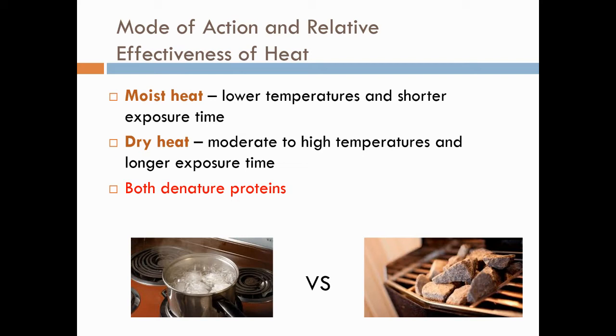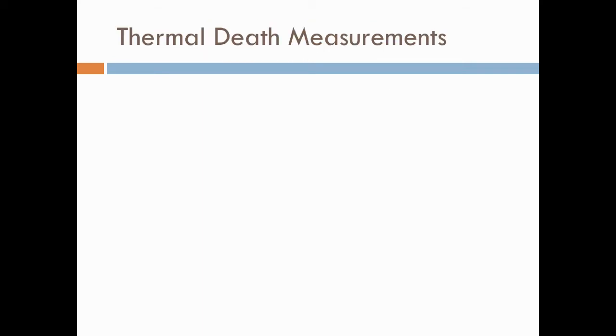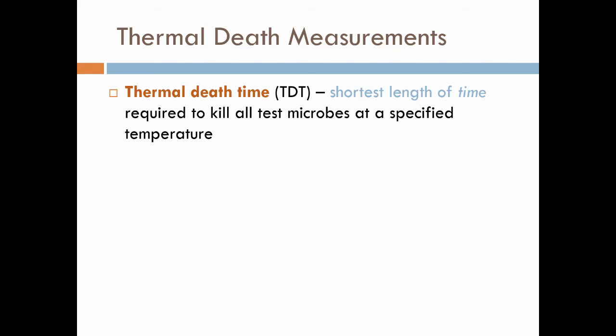Metabolism, the sum total of all the chemical reactions in a cell, happens because of enzymes speeding these chemical reactions up to the rate needed to sustain life. I denature my proteins and I stop metabolism. I can measure the effectiveness of different heat-related control mechanisms by looking at things like the thermal death time.